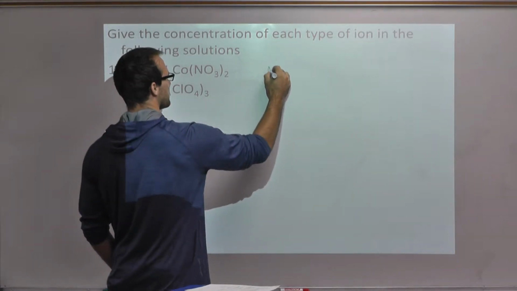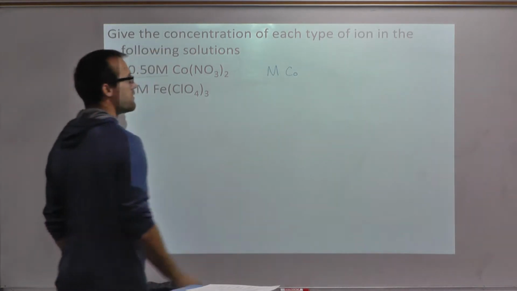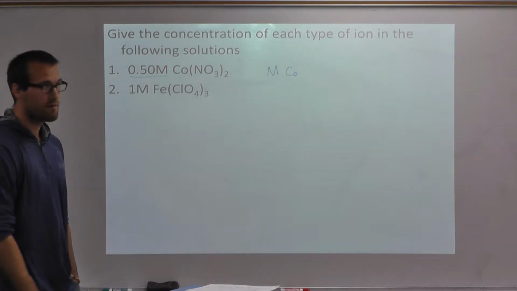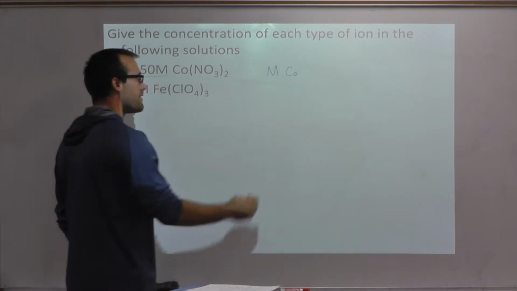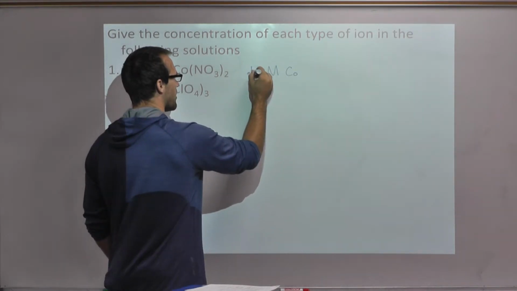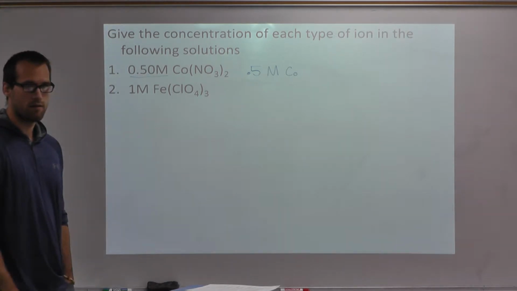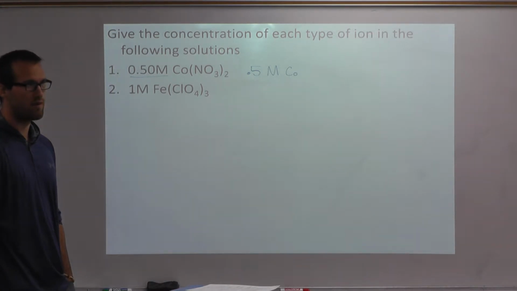What is the concentration of cobalt? You can just look at it. Nope. 0.5. How did I know that? If you don't understand where I got that, you need to say something, because that's important.